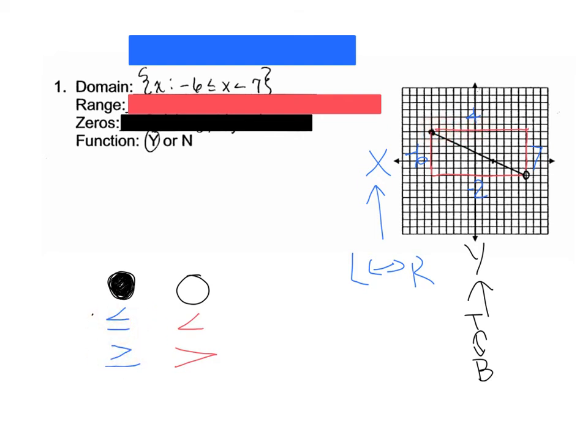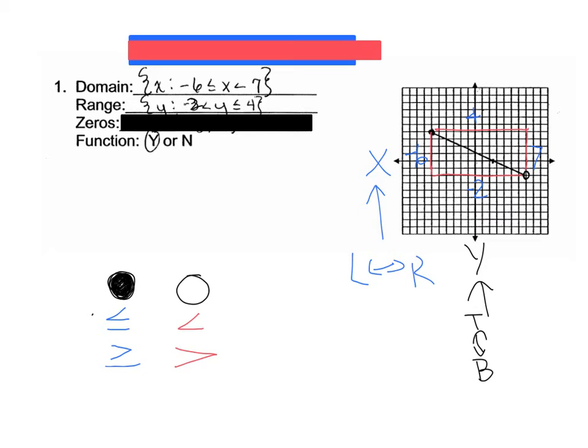So that's kind of how you can reference it. So our range is negative 3. No, that's negative 2. So that's a little typo there, unless I can't count right. No, that's negative 2. Negative 2 is less than y, which is less than or equal to 4.